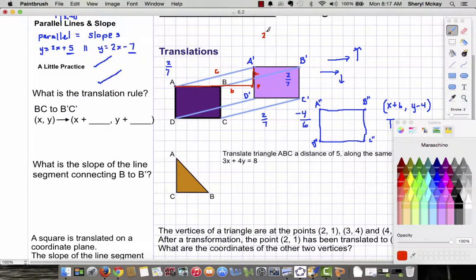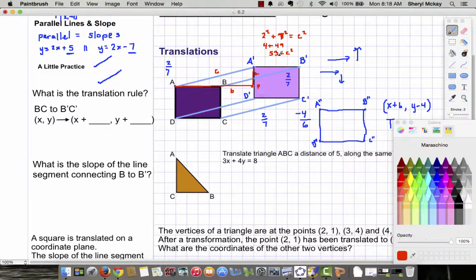So 2 squared plus B squared, which is 1, 2, 3, 4, 5, 6, 7, which is 49, or 7 squared, is going to equal C squared. So 2 squared is 4, plus 7 squared is 49, is equal to 53, and that's equal to C squared.